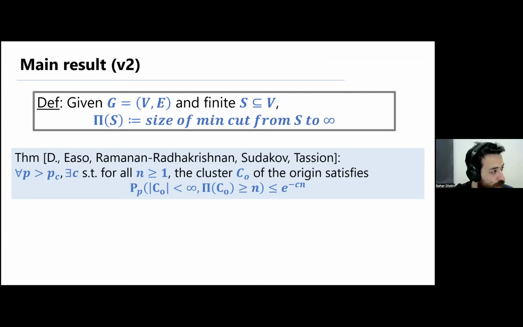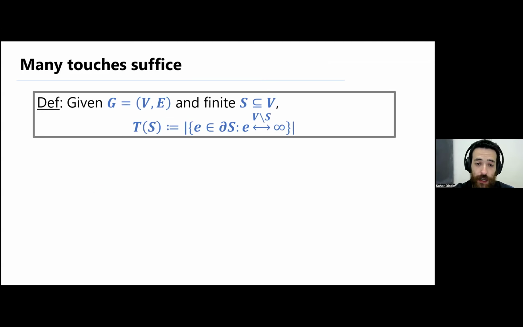Okay, so throughout the rest of the talk, I would like to explain how we can obtain this. And let me start first by explaining the key proposition that we will talk about and how to derive this theorem from it. The key idea here is that many touches suffice. So what do I mean by touches? This is now the last definition.